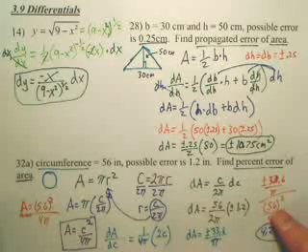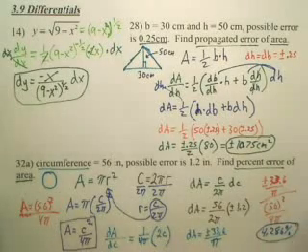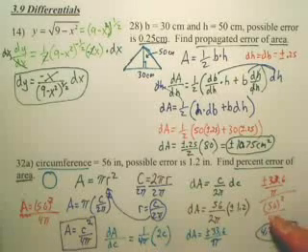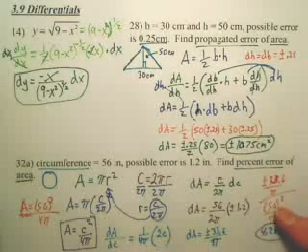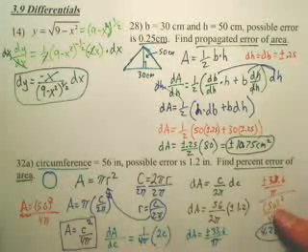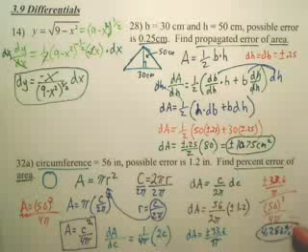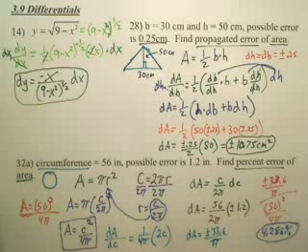If you take how much off you could be, that little bit, out of the whole area, it is 4.3% off of your area. So your area could be off by about 4.3%.